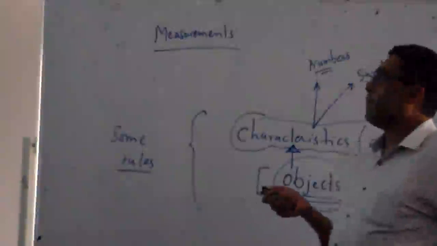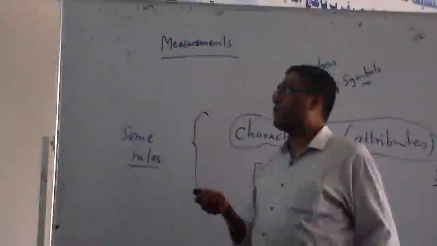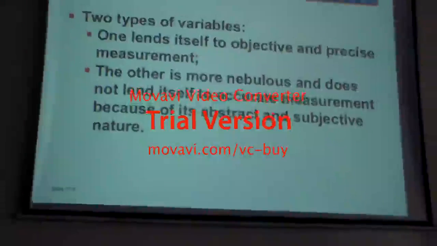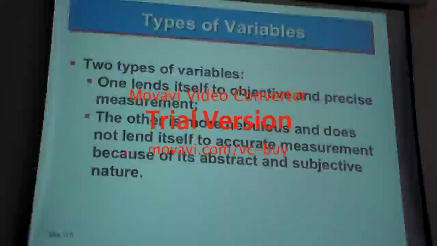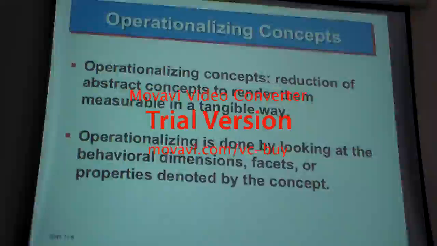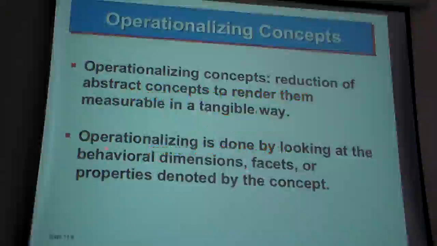Operationalizing is done by looking at the behavioral dimensions, facets, or properties denoted by the concept. So we study that concept. Here we are talking about this type of variables, which is abstract and subjective. We need to reduce the abstract concept to be measurable. So how to do this? It is done by looking at the behavioral dimensions. We need to understand the dimensions of the behavior of that concept, or its facets.